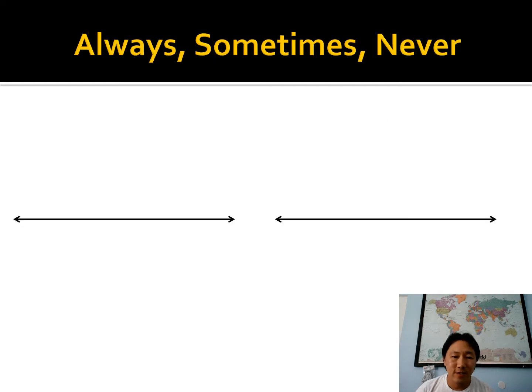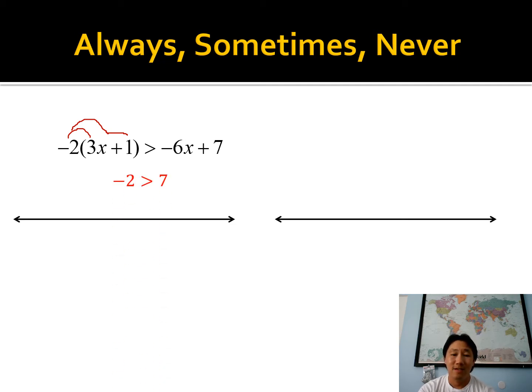All right, let's go ahead and do these sometimes, always, never problems. They're a little bit weird because if you try to solve them right now, distribute the 2, bring the x's to one side, bring the numbers to the other side, guess what happens? The x's actually just disappear.